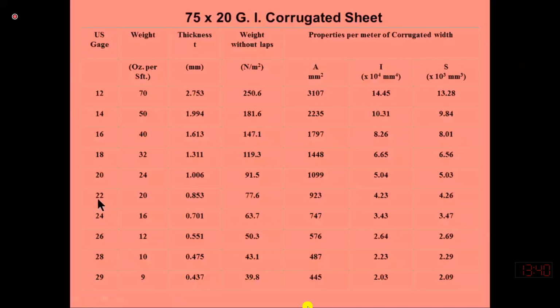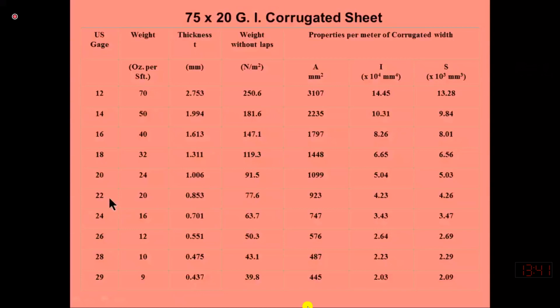So I will select the gauge 22 sheet from the table of 75 into 20 GI corrugated sheet. This gauge sheet will be my first sheet that I will apply all the checks on. For this sheet, you need to write the thickness. Thickness is 0.853. We are not concerned with the thickness, we are only concerned with the gauge value.